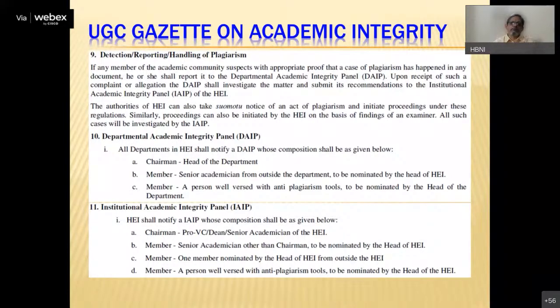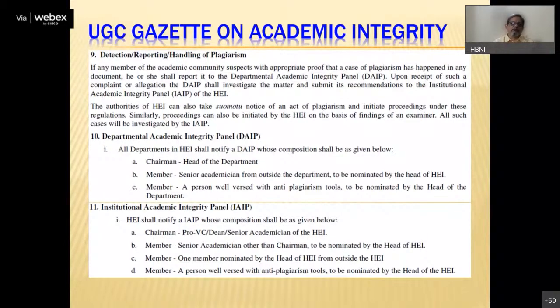For this purpose, UGC has advised that there should be two bodies for every institution. One is called a Departmental Academic Integrity Panel, and a higher body which is called the Institutional Academic Integrity Panel.